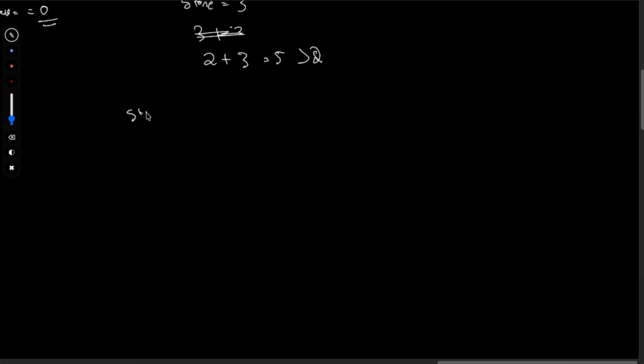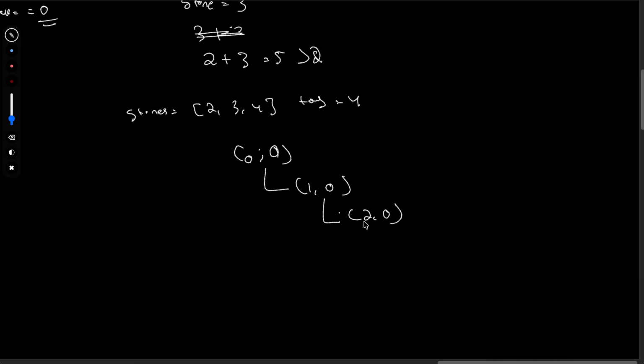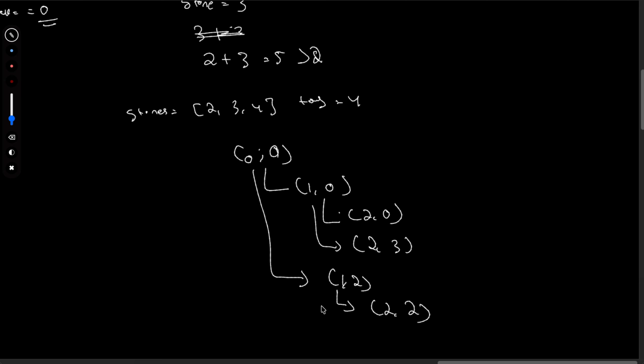If stones is equal to 2, 3 and 4 and target is 4, then 0, 0 goes to 1, 0 and 1, 2, and 2, 0 and 2, 3. If we take, 2, 2 and 2, 5.